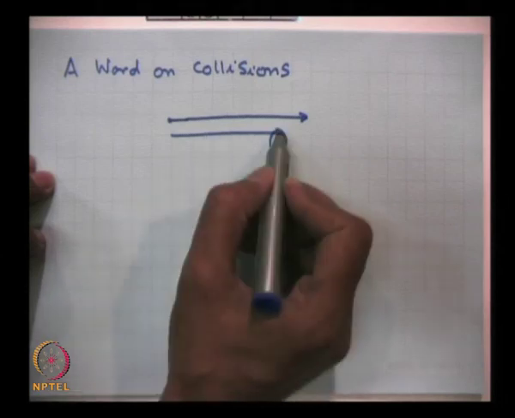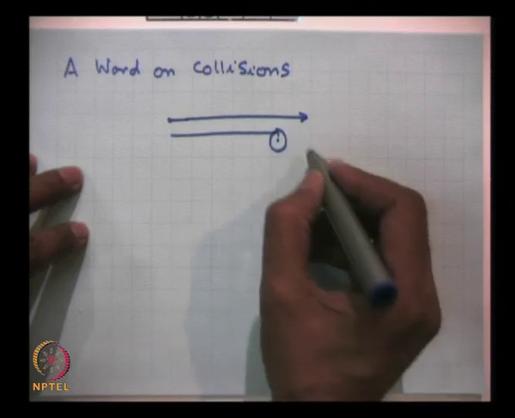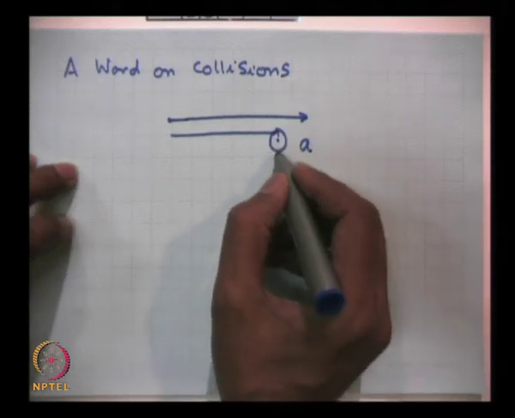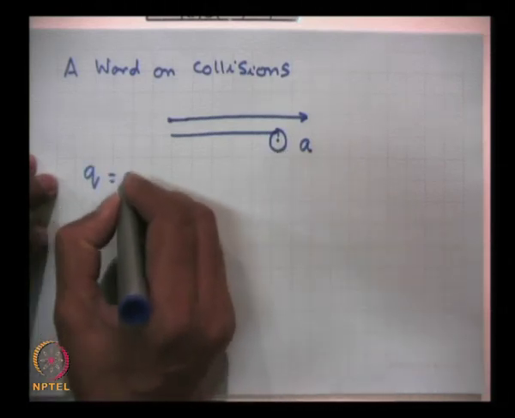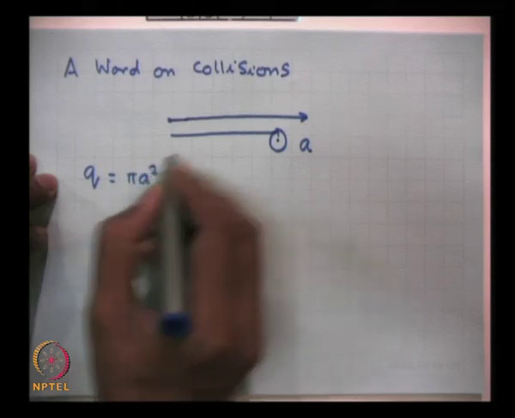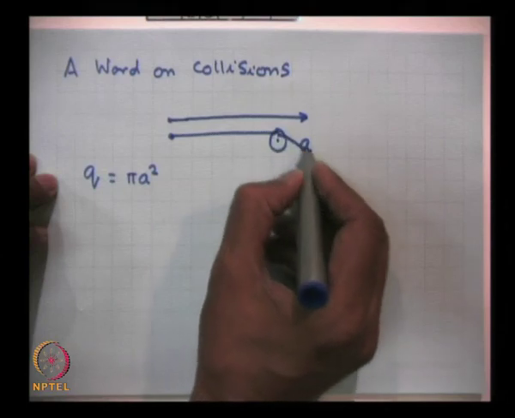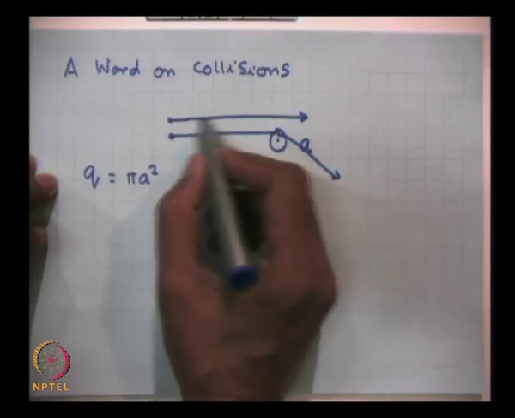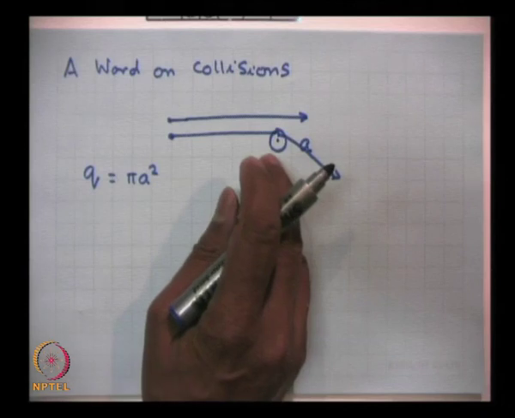For instance, if I have a typical radius of an atom like a, then you can characterize the effective area of cross section of the atom to be Q is equal to pi a square. Whenever the electron falls on this area, it will suffer a collision, and after the collision it will go like this. If it moves away from this area, then it suffers no collision. So, for electron neutral collisions, you can always assign an effective area to the atom.